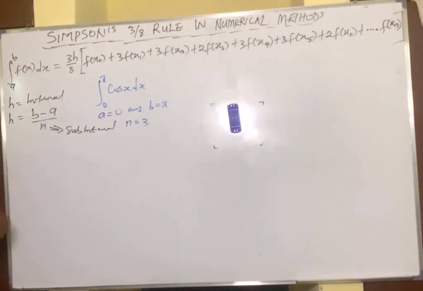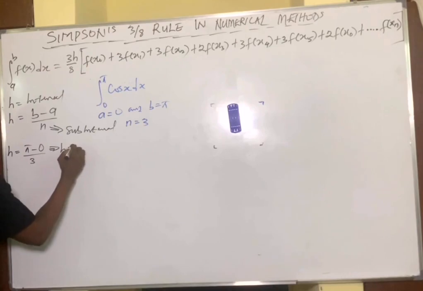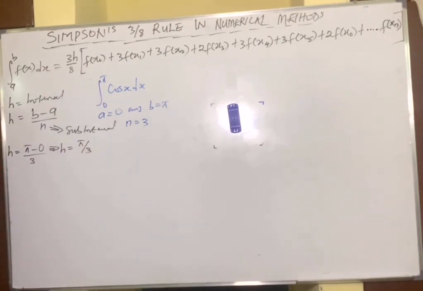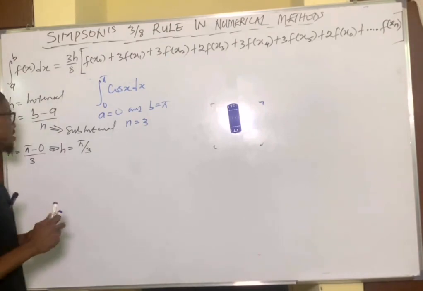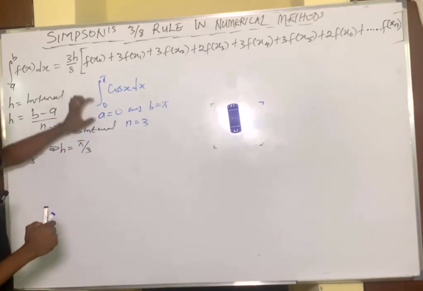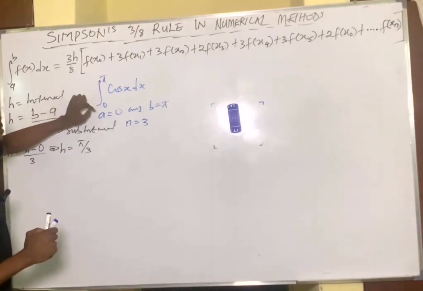If I pick n to be equal to 3, I can now find my interval. Interval h is equal to b minus a over n: b is pi, minus a which is 0, divided by n which is 3. This implies that my interval h is equal to pi over 3. Having found my interval h, the next thing to do is to split the subintervals between this limit from 0 to pi.